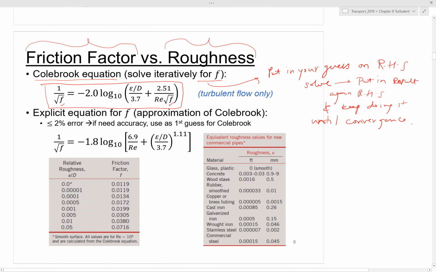So this is an explicit equation for F, an approximation of Colebrook.